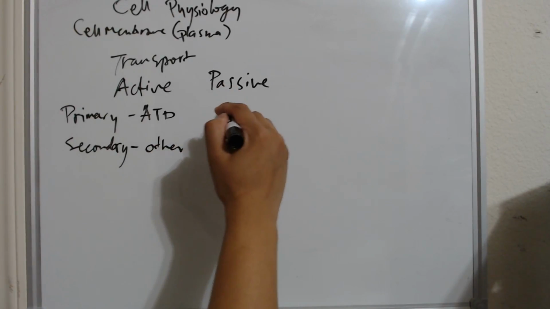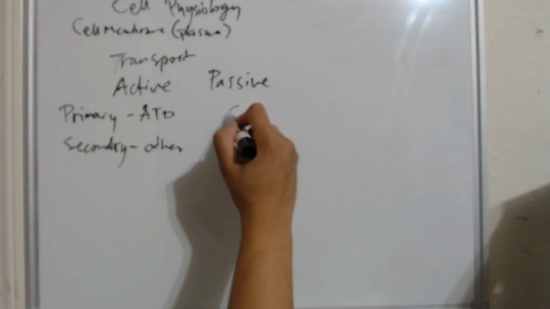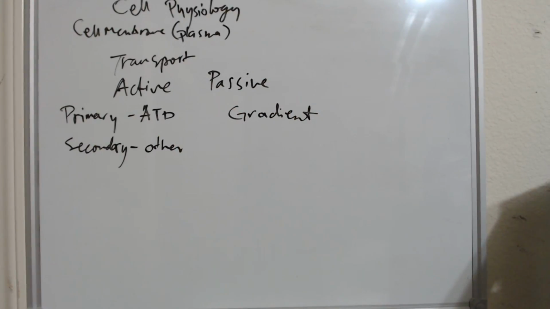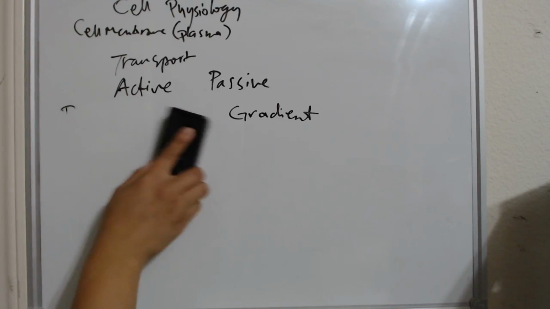Now, passive transport means that there will be a gradient, and the stuff will go from a higher concentration to a lower concentration, whatever solute it is.